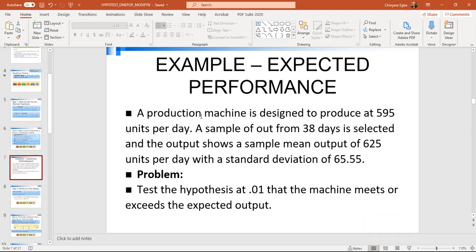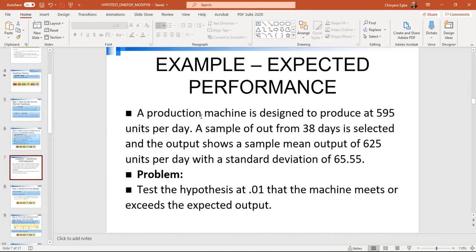And in order to test this hypothesis, we're going to actually go through the test of hypothesis using this information. After we test the hypothesis that I just stated here, I'm now going to go through a process where we test the hypothesis using data from scratch.